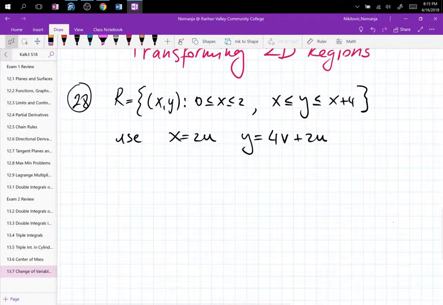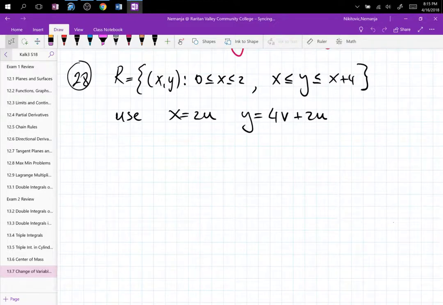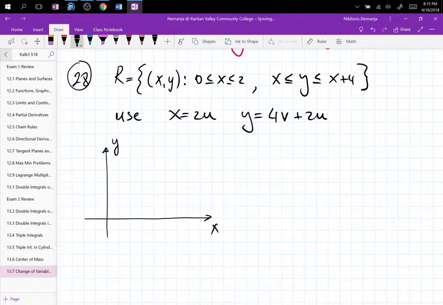Well, first order of business is to draw to see what we have. So now I'm going to draw the XY plane. I'm going to move the x-axis further down because it's x plus 4.